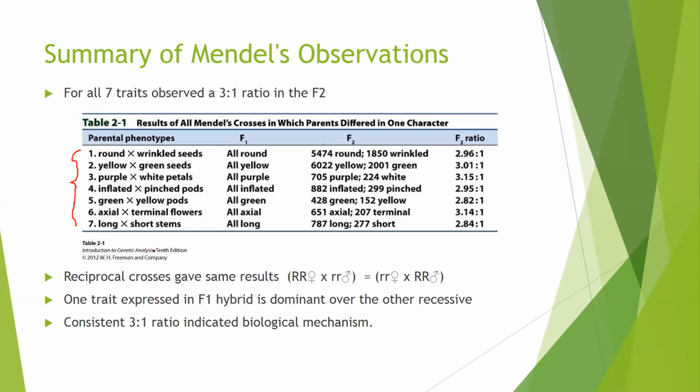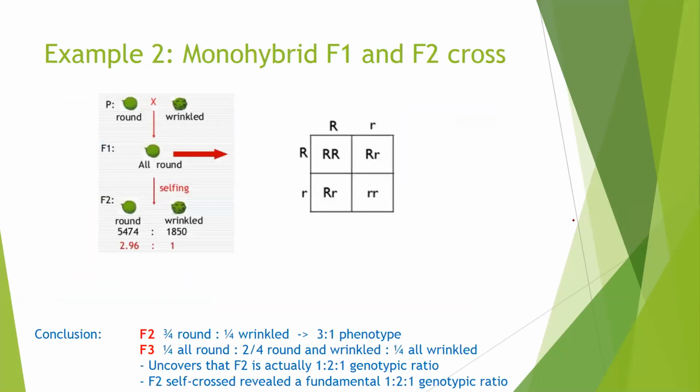For all of them, he did an experiment based on a large sample, and for all of these 7 phenotypes, he consistently observed the same ratio, 3:1. How interesting is that, right? So why? We're going to look into this.